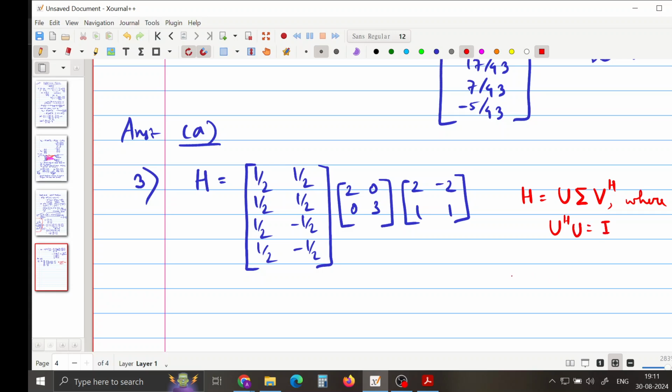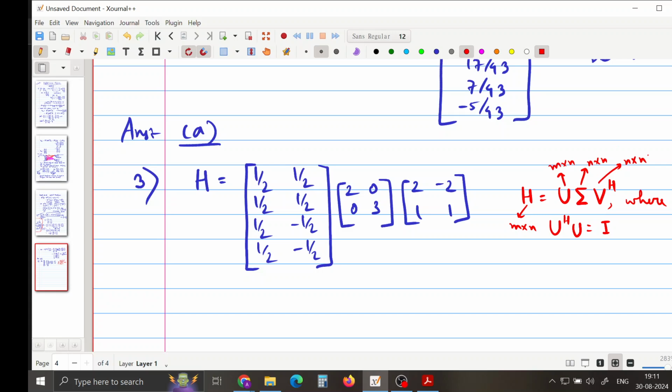Okay, I mean, in general, if I talk about the dimensions, if H is m cross n, right, then U should be m cross n, sigma should be n cross n, and V Hermitian as well as V both are n cross n.